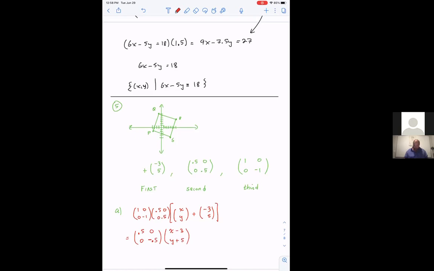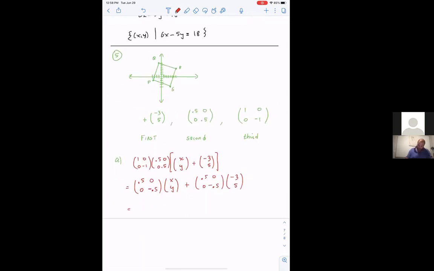And in fact, let's do it a little differently. Let's distribute and write it as the matrix times (x, y) plus the same matrix times (-3, 5). So this gives me [0.5, 0; 0, -0.5] times (x, y), plus (-1.5, -2.5).